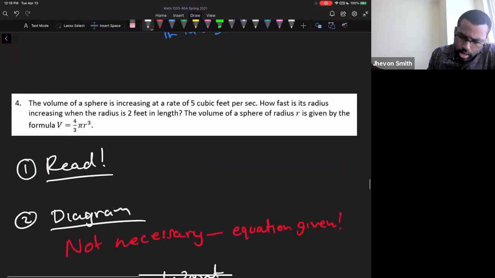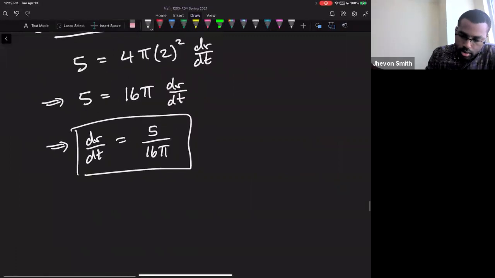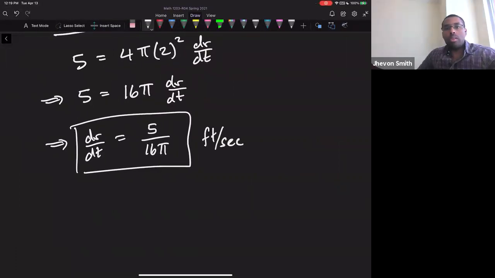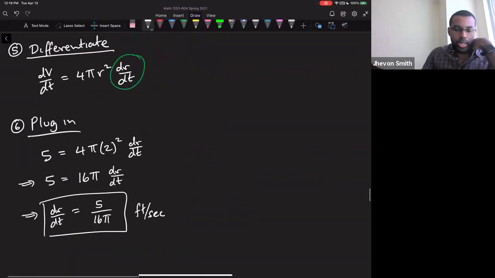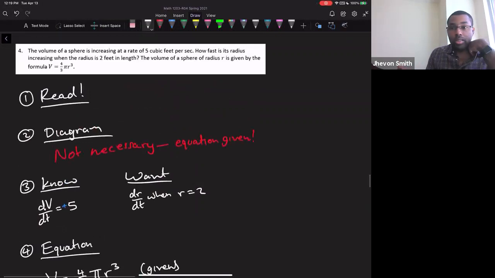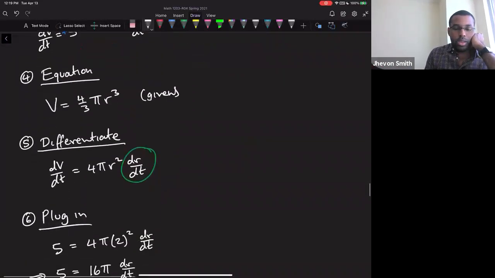And that is in feet per second. Okay, that's that. We went through the 6 steps again. Step 2 was not necessary because I was given the equation. So that's an example of when you don't need it because you're given the equation.